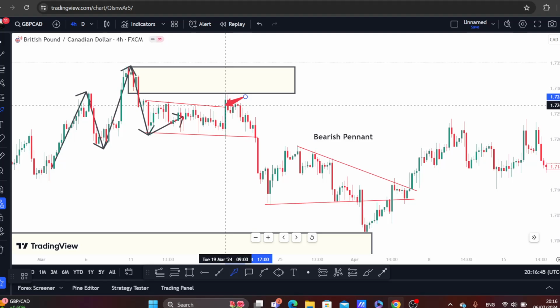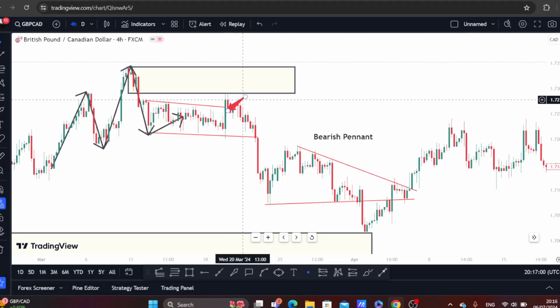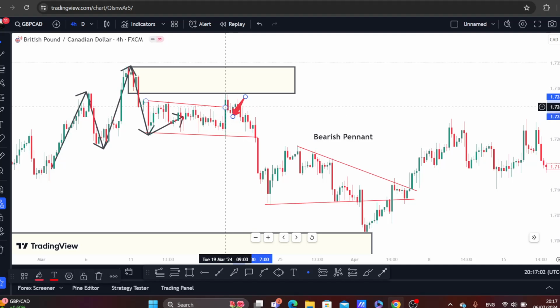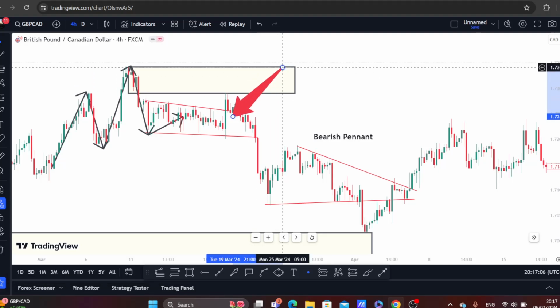Remember in my previous videos I mentioned that we have three types of traders. You're either a level trader, a breakout trader, or a retracement trader. As you can see, this was a clear breakout of this level.